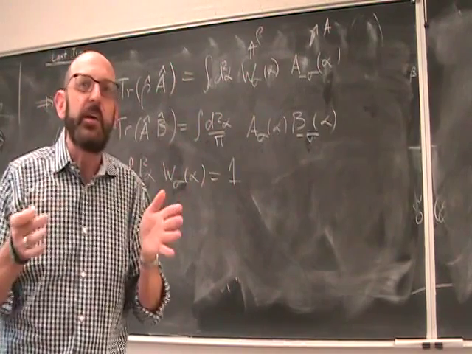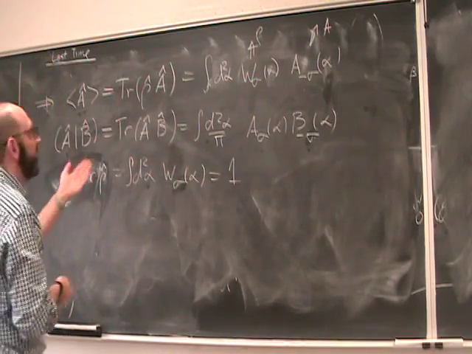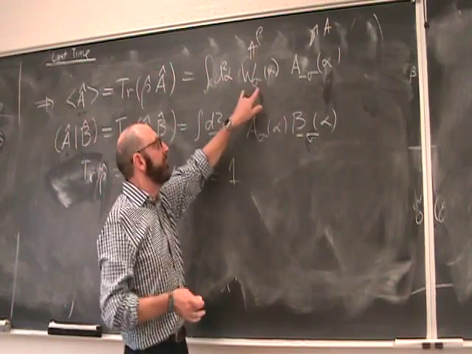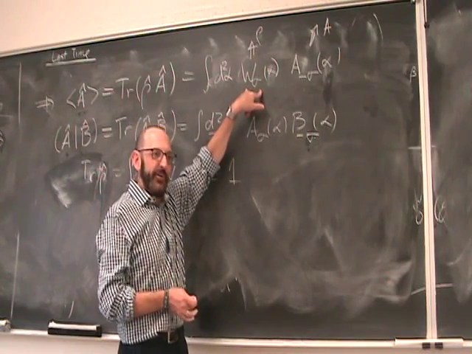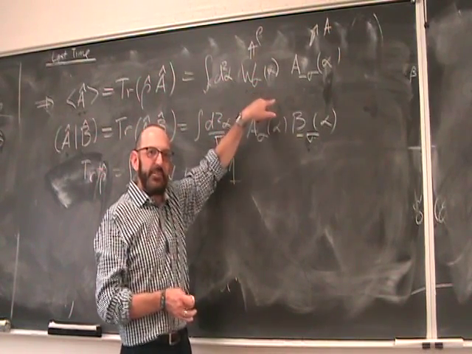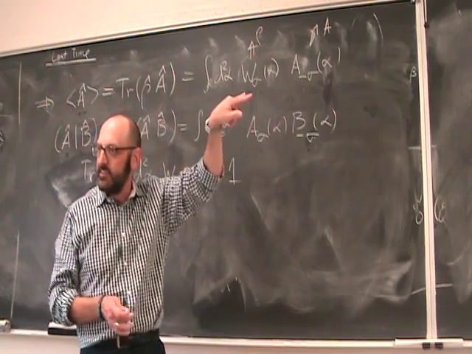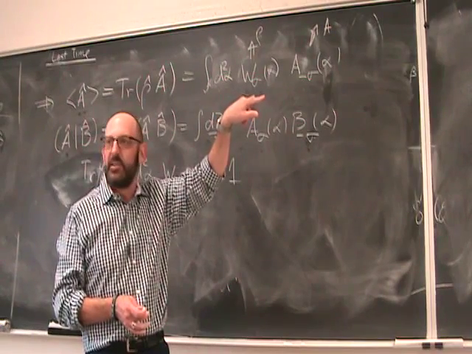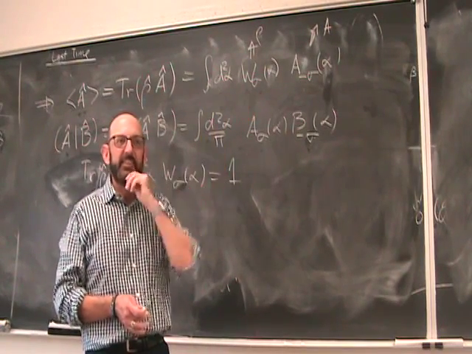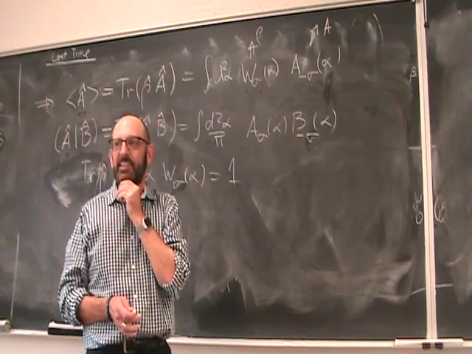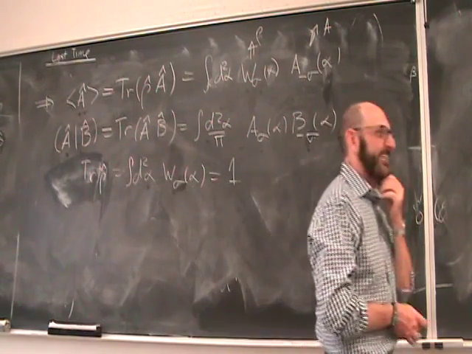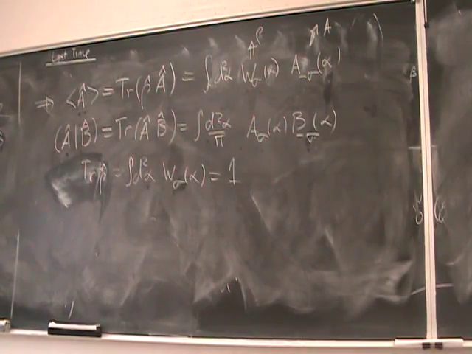And so we can calculate that in terms of an average in phase space with the anti-normally ordered representation of the state, which is, which one? P, Q or W? The anti-normally ordered representation of the state is the Glauber, right?